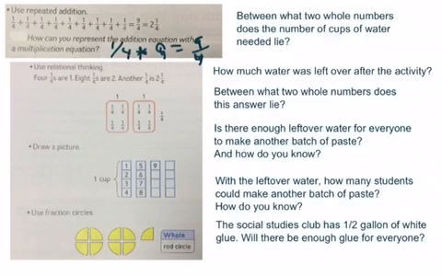I could have used relational thinking. Well, I know that 4 1/4 are 1 whole, so 8 1/4 are 2 whole, and that leftover 1/4 gives me 2 and 1/4. It could be drawn out this way to go with this relational thinking. I could have just drawn a picture.